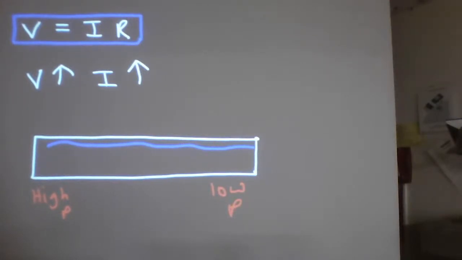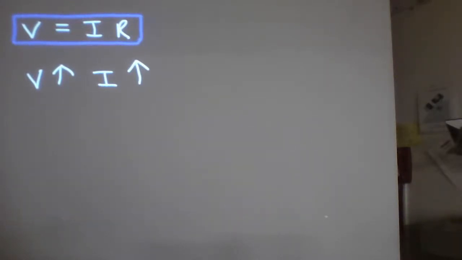If the pressure on the left side is high, then the water is going to be forced to move in one direction. It's going to flow from a region of high pressure to a region of low pressure. And the same is true with voltage. Current will flow from a region of high voltage to a region of low voltage.